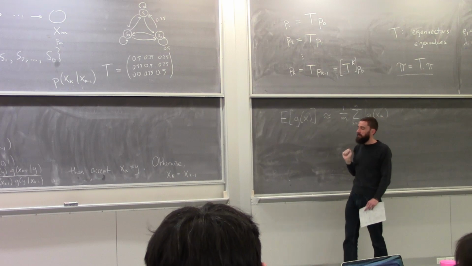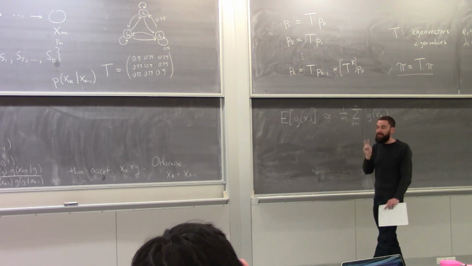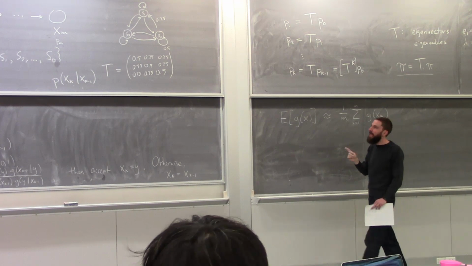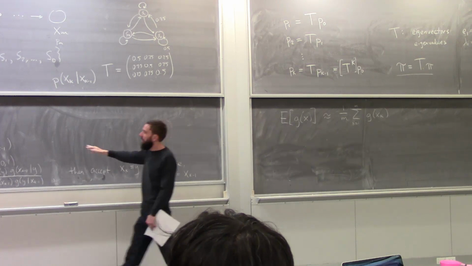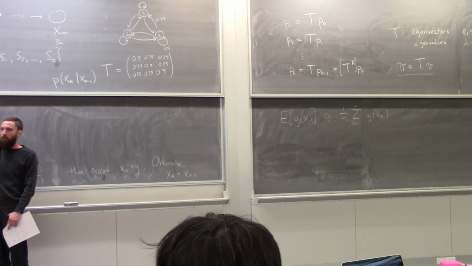Now in practice, getting to your question about when do we stop, there's actually two questions: when do we start and when do we stop? What I mean by that is you initialize x to some arbitrary value that might be really horrible, not at all a plausible sample from pi.